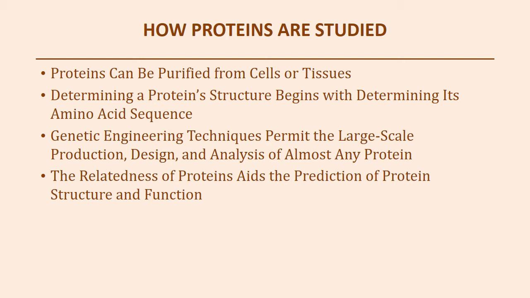We are also able to now look at large-scale production, design, and analysis of mostly any protein because we can utilize different genetic engineering techniques. And last but not least, as in many cases in biology, proteins that are often seen having the same shape and structure will often be due to the fact that they are related to an ancestral protein, so they can be classified in what we like to call protein families.